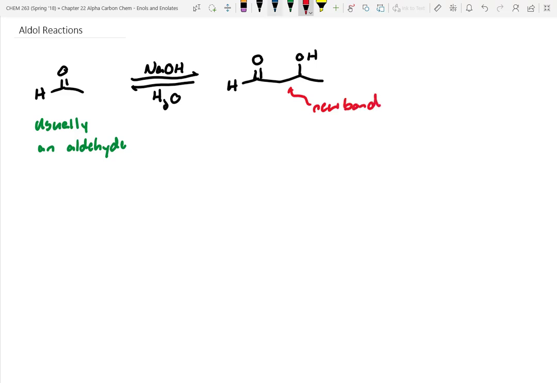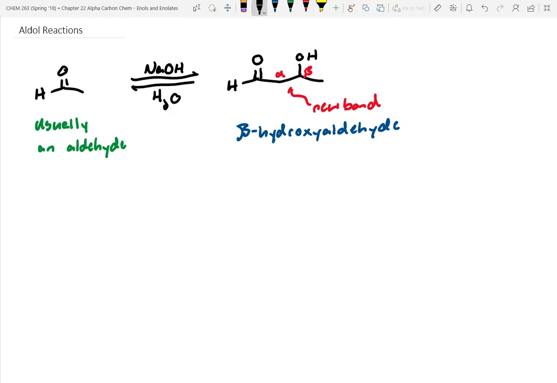And this is referred to as a beta hydroxyaldehyde. Makes sense because we know we've got this alpha position and this beta position. We've got a hydroxy group coming off the beta position, and we're forming that new bond between the new alpha-beta position. It makes a lot of sense when you see the mechanism.